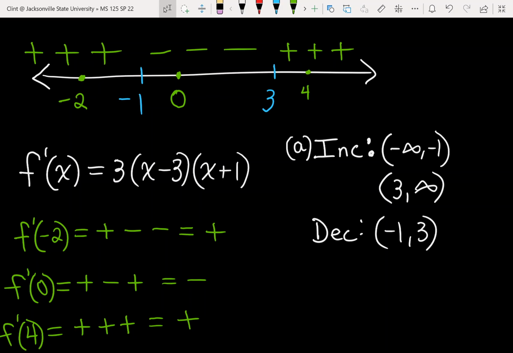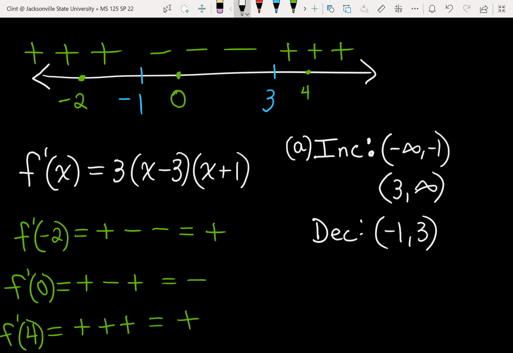Remember, the first derivative test says that our minima or maxima have to occur where we have a sign change of the derivative, and then we just have to remember which type's which. We could do the second derivative test if we wanted to, but since we've already got all this, it is just a little extra work to do the second derivative, and the second derivative can also come up inconclusive. So usually, unless you are already taking the second derivative for some reason, the first derivative test is the winner.